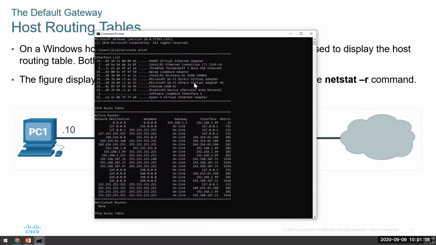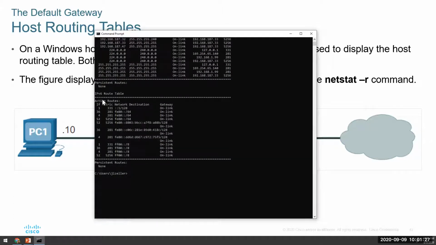I have my wireless adapter and a couple of Wi-Fi virtual adapters. This one is for my Hyper-V. I also have a wireless WAN, like cell towers, plus Bluetooth, and you're going to have the different routes that allow you to get outside of that.